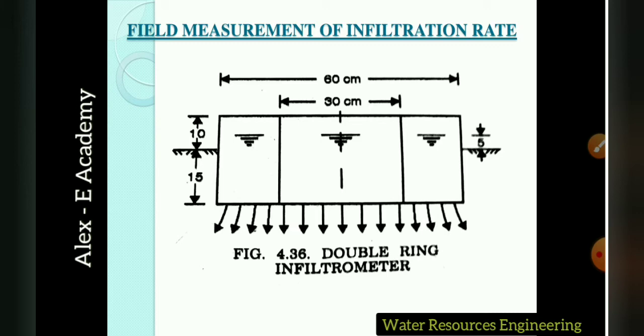The driving of the cylinder ring disturbs the normal soil structure. And the last point is, the result obtained from the test largely depends upon the size of the infiltrometer and the area of soil covered. A larger infiltrometer gives a lesser infiltration rate compared to a smaller infiltrometer.